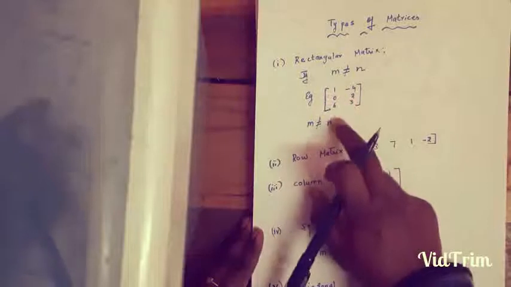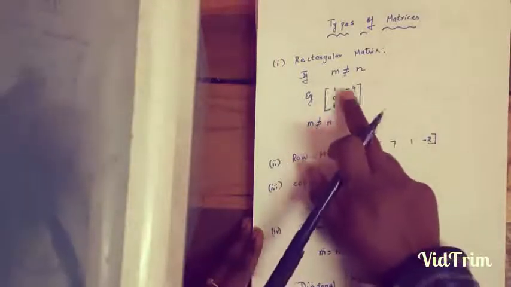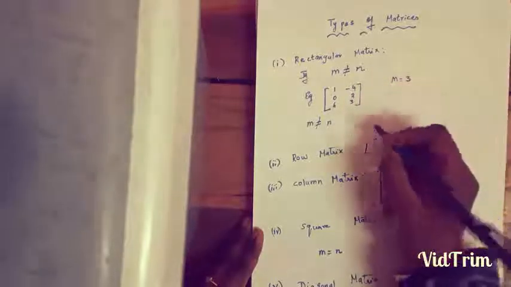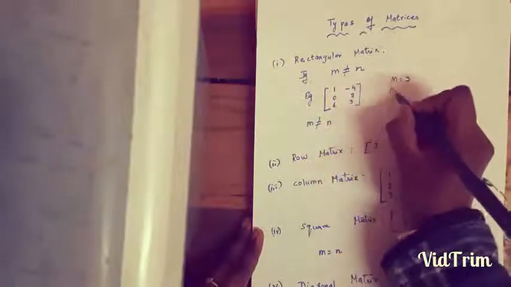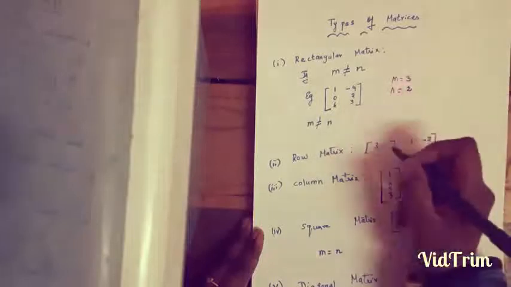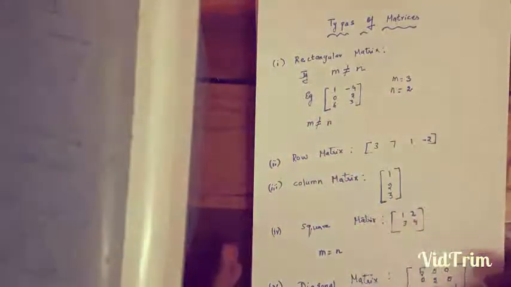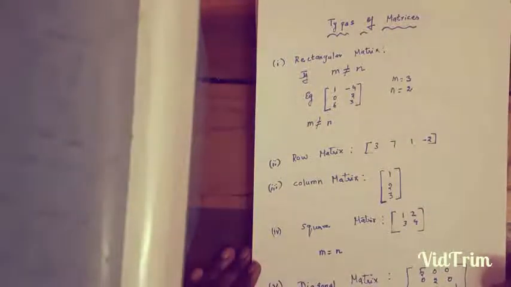See this example. How many rows do you have? 1, 2, 3. So m is equal to 3. And how many columns? You have 2 columns. n is equal to 2. So here m is not equal to n, so it is a rectangular matrix.